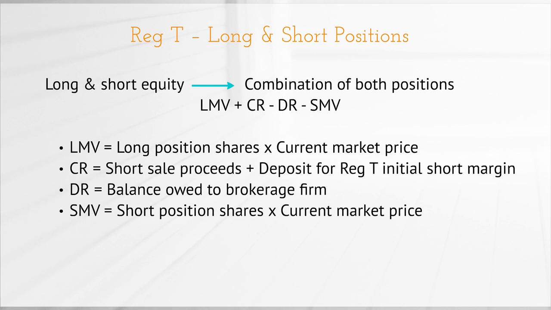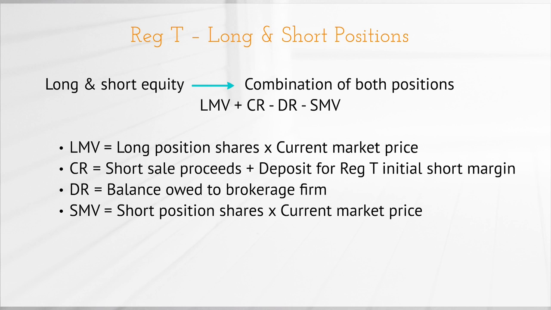Now, if we have a combination of positions on our account, we can have long and short calculations that we have to make. We can combine them into one formula to figure out what the total equity is between all the positions. So we have our long margin calculation of the LMV less the debt balance, the amount that we've borrowed from our broker-dealer, which we calculated before.